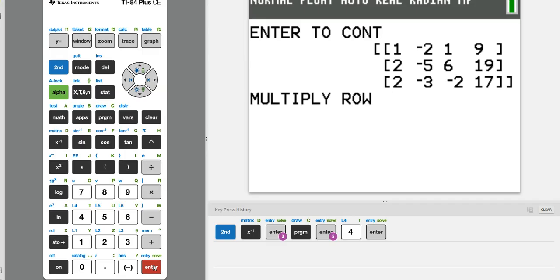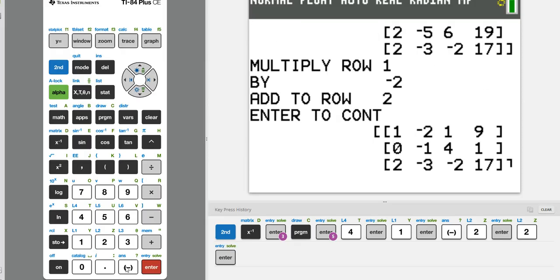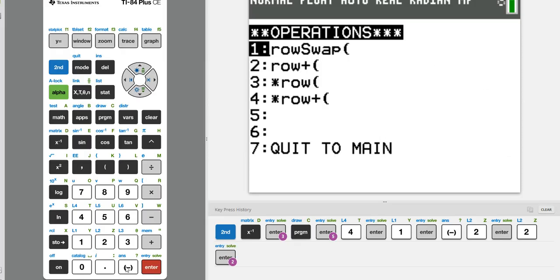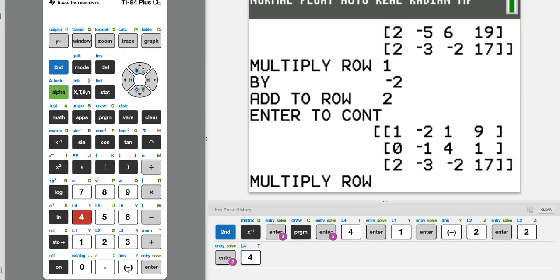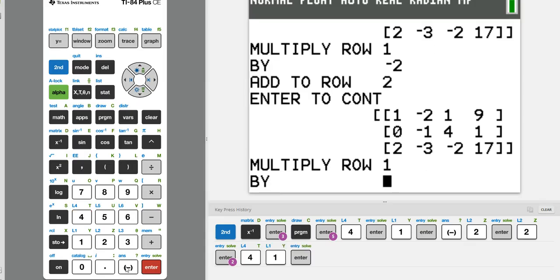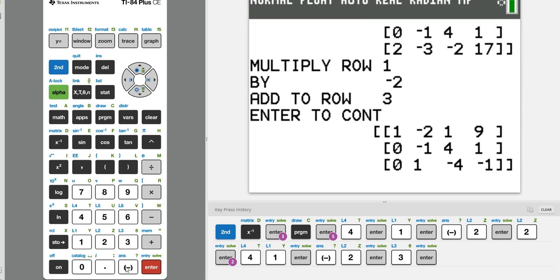Multiply row 1 by negative 2, added to row 2, and then multiply row 1 by negative 2 again, this time add it to row 3. So we're looking pretty good here. And then we need to get this one last 0. I need to get this to be a 0.